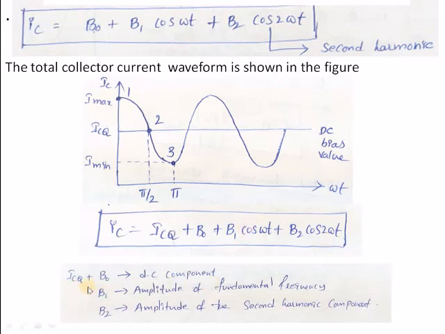So you can see ICQ plus B0 is the DC component that is always present at the output waveform, and B1 is the amplitude of the fundamental frequency and B2 is the amplitude of the second harmonic component.